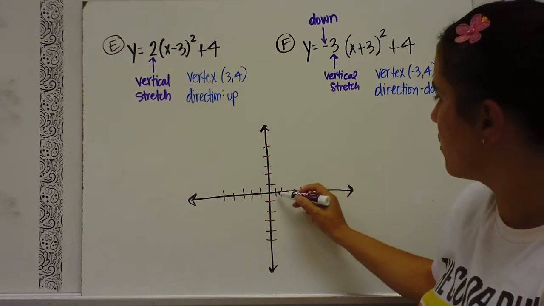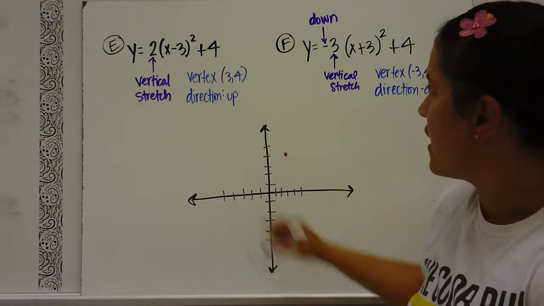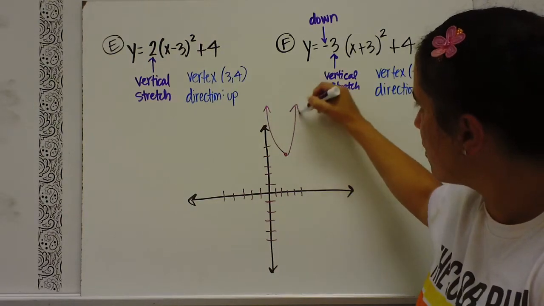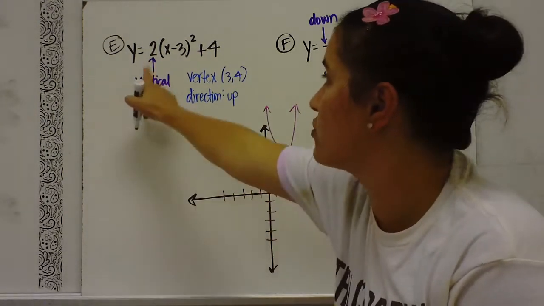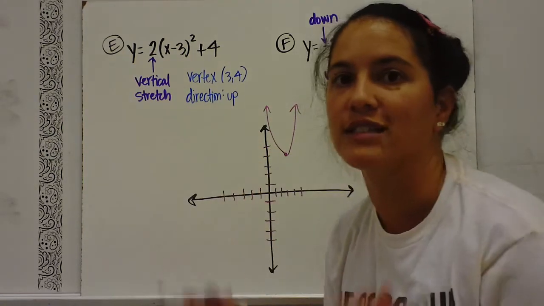Alright, 3, 4, 1, 2, 3, 1, 2, 3, 4. It's going up because that's positive, but it's going to be skinnier because of the vertical stretch by 2.